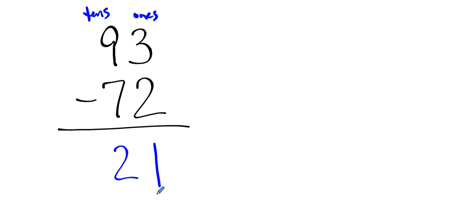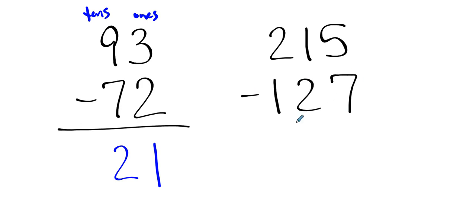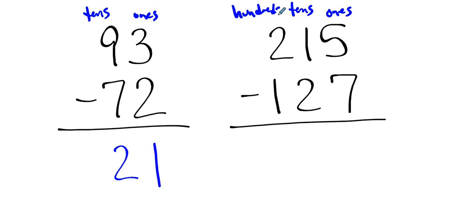And so you think to yourself, how hard could this be? And then somebody comes along and asks you to subtract 215 minus 127. And the whole world goes bonkers. Why? Because in the takeaway model, if there are 5 ones, you cannot subtract 7 ones.